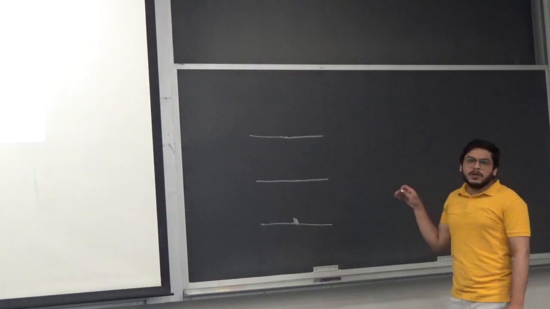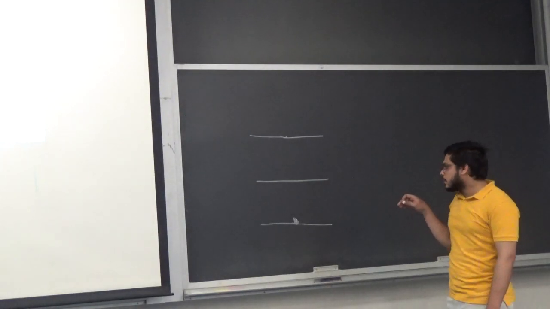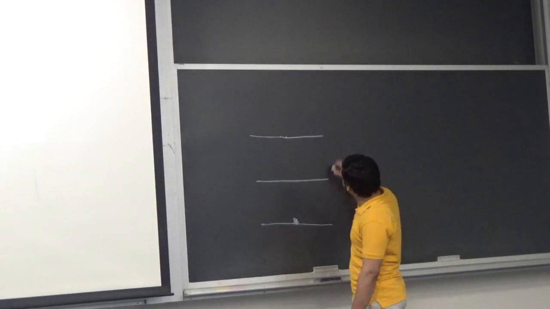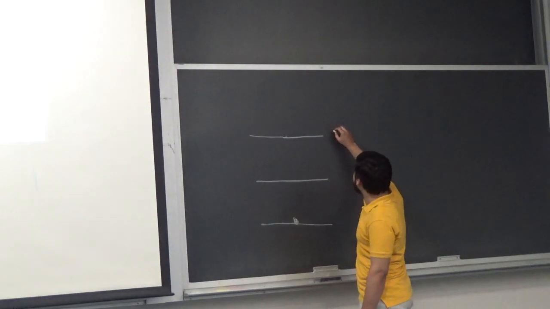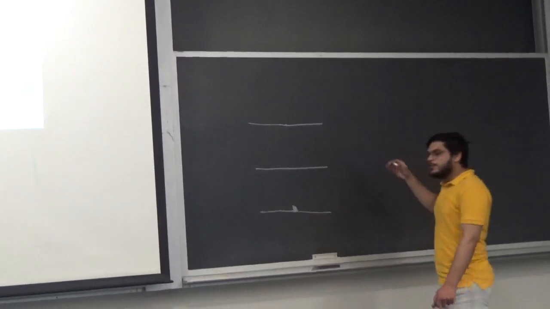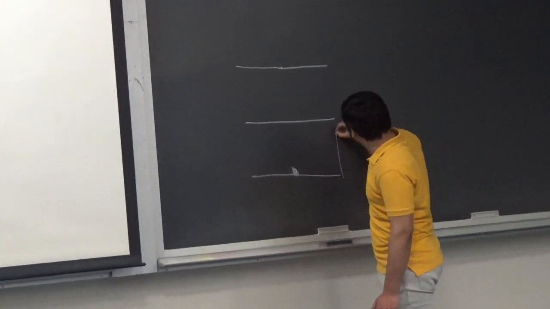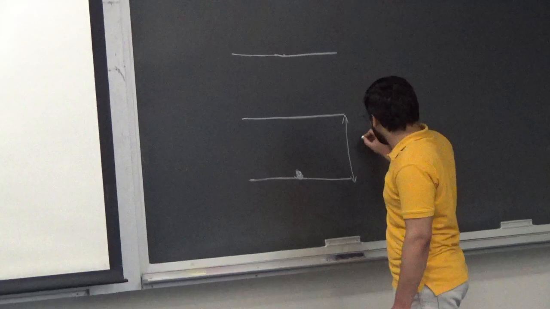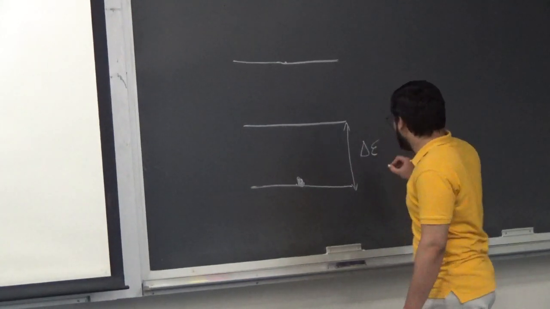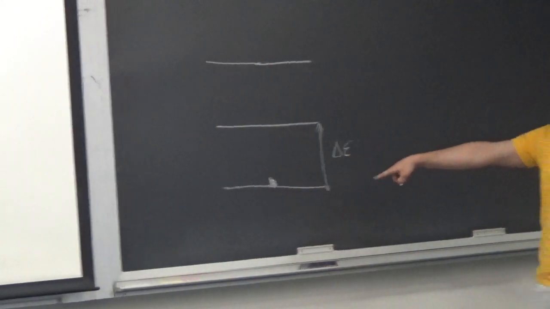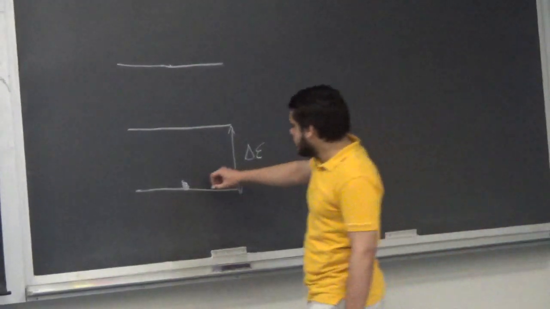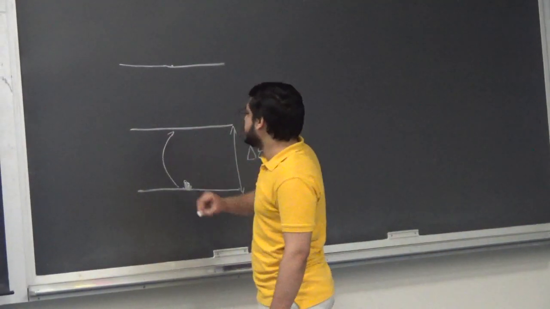The photons coming into the atmosphere will interact with these molecules. If their energy resonates with one of these energy level gaps, let's call it delta E, these electrons will absorb those photons and excite to a higher energy level.